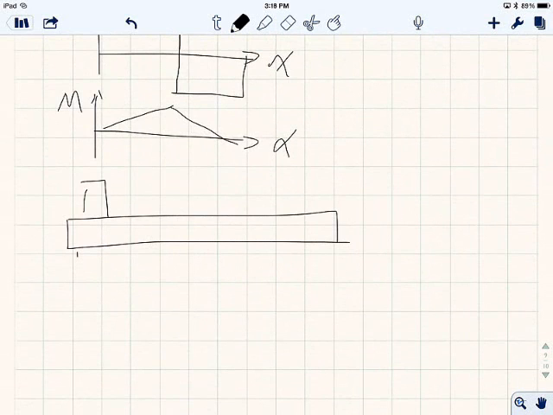A shaft has 2 bearings to support it, right? Or if you want, think about a big scale. Think about an axle of a car, of a vehicle, right? There are 2 wheels, so each wheel will be similar to bearings, okay?